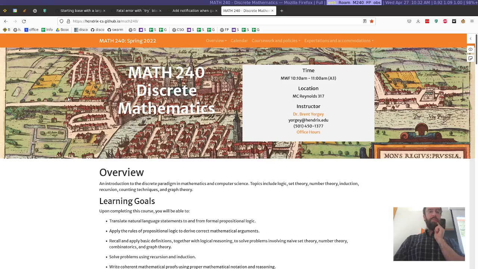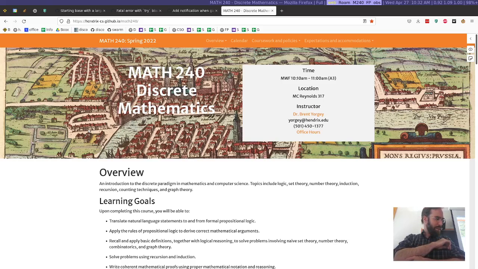So I don't know if anyone ever wondered, maybe you never thought about this, but what is this picture which is in the background of the street map website? So I will tell you what it is. It is actually an old drawing of the city of Königsberg, which I guess now is, in modern day, what is it called?